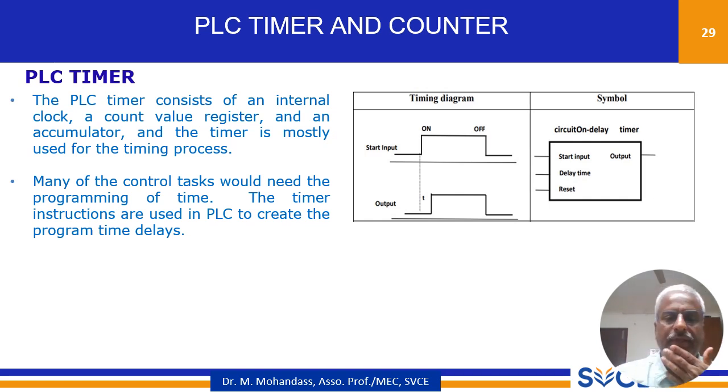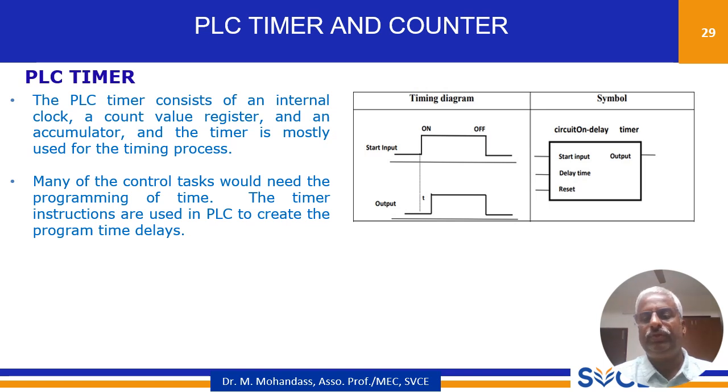And here this is the symbol. There will be a start input, output, time delay, and a reset. This is the symbol of the timer used in the PLC. Start input means once the start input gets the signal from either the start button or from the relays, it will start to count.